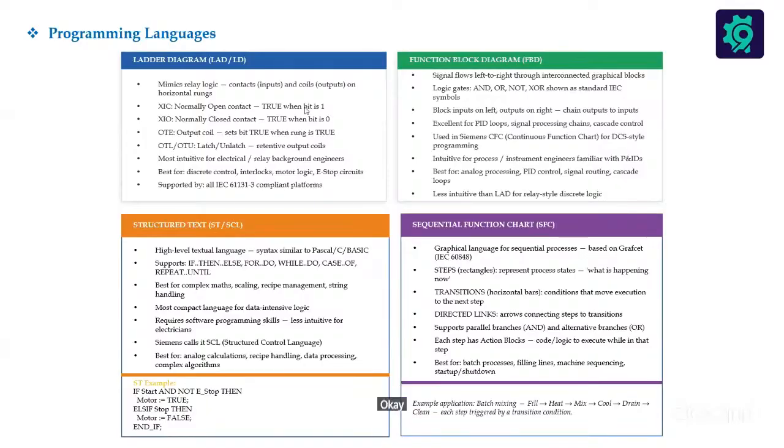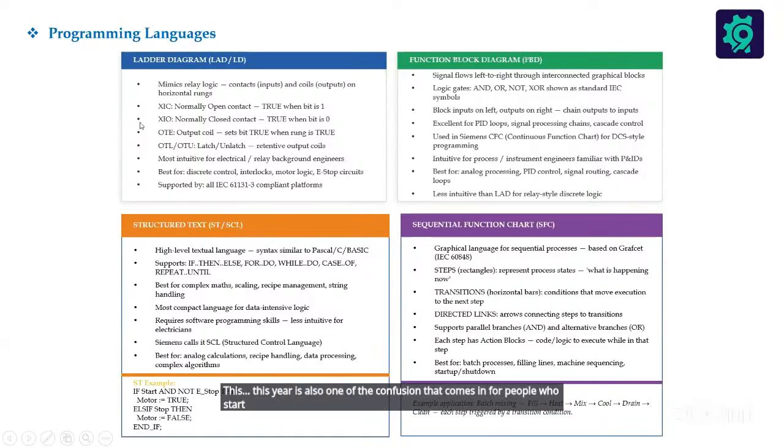Okay, so this is also one of the confusions that comes in for people who start with Siemens and those who start with Allen Bradley. In Allen Bradley, you will see something like XIC, XIO.